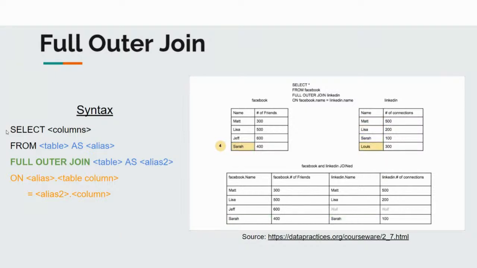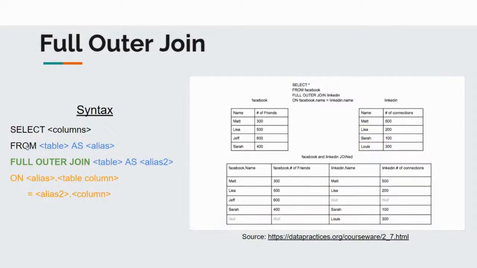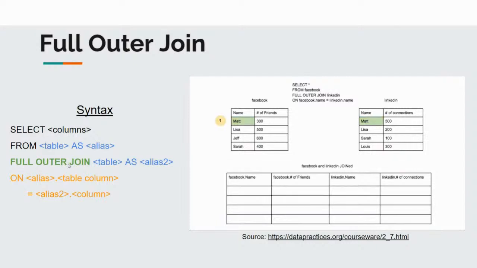All right, so full outer join, we are going to see an example of this. Same syntax as you've seen before, you just use the clause full outer join instead. It should take all the records in A, and then give you where they match.